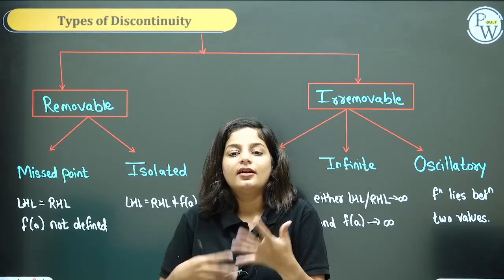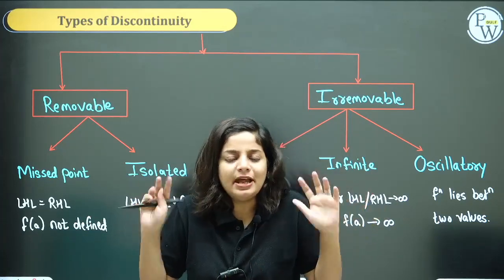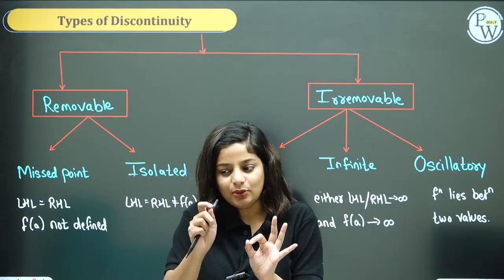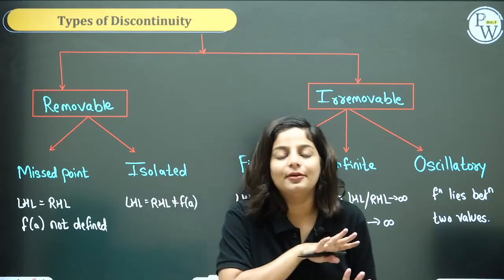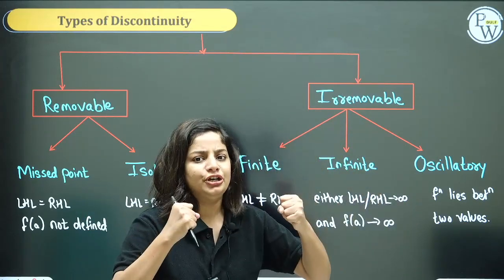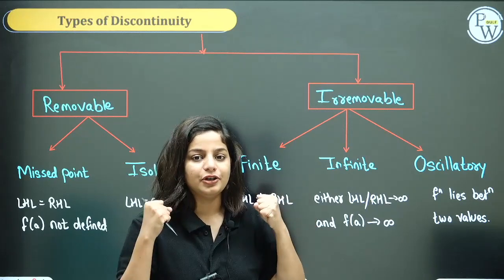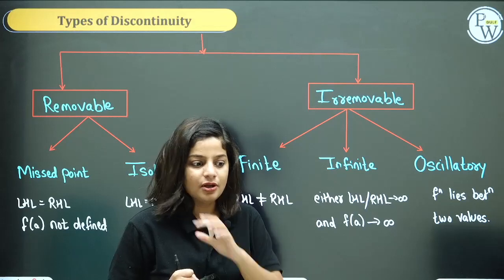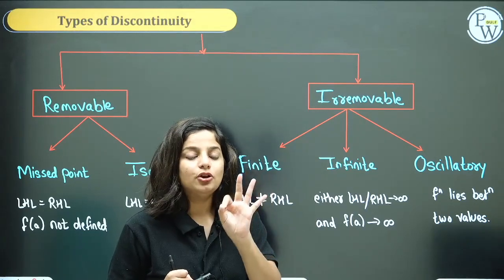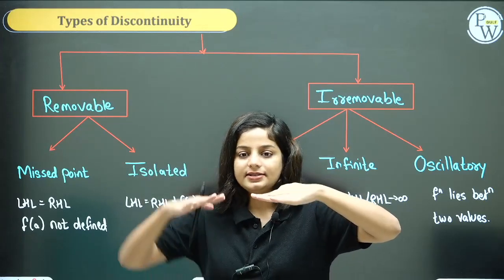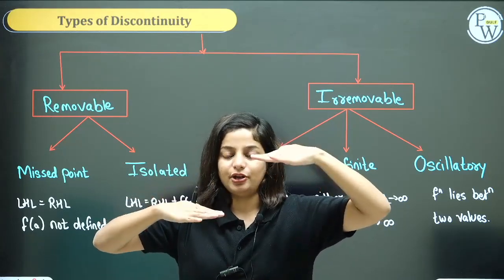You can do a little manipulation and make the function continuous. It is right now discontinuous, but with slight modification you can make it continuous. That's removable. But irremovable discontinuities are very strong and you cannot make that function continuous. You can try, but you will not be able to. It's discontinuous, it will remain discontinuous.